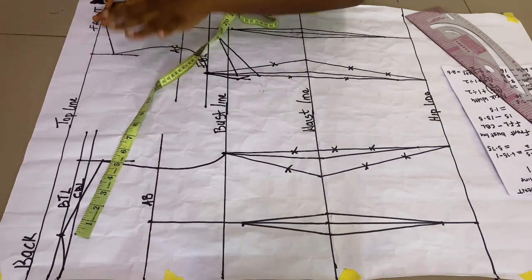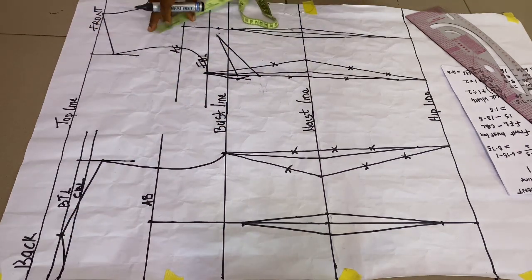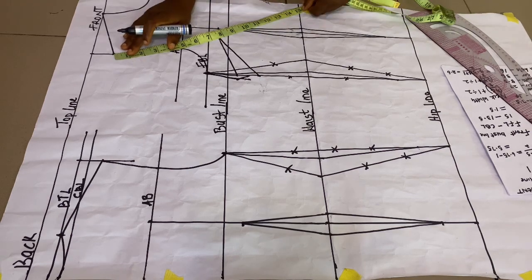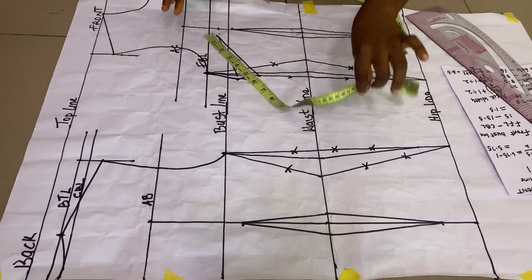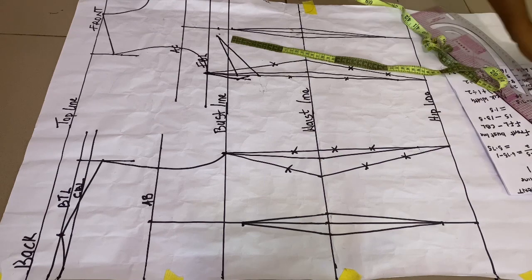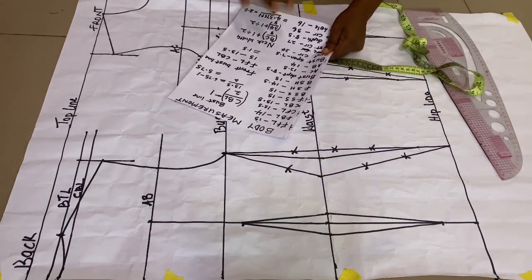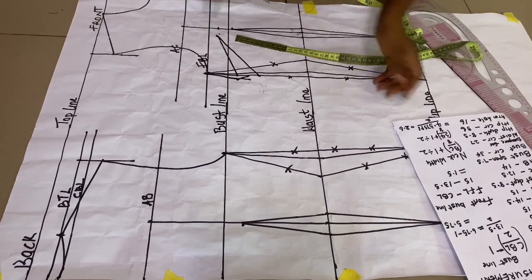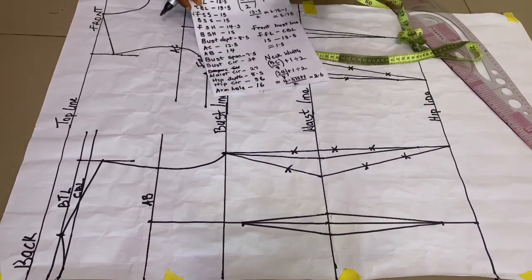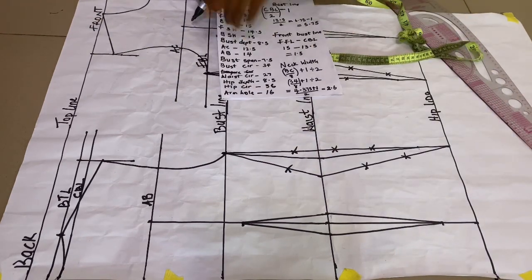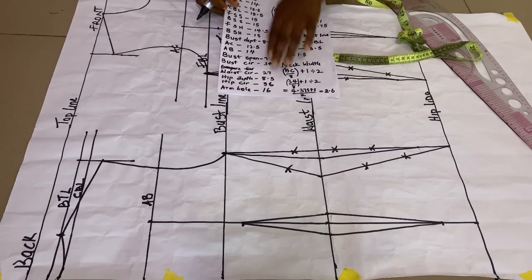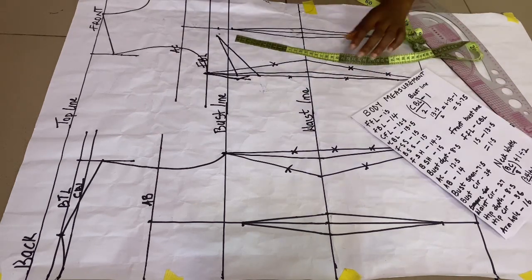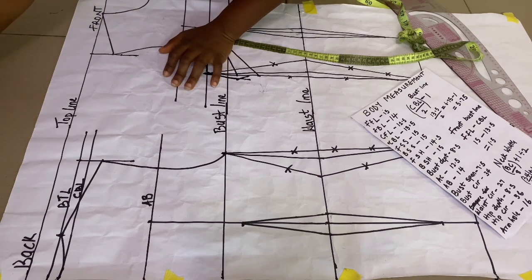In the case where the shoulders are not balanced, you have to check the shoulder slope for the front and the back. Instead of using the standard, you would use the person's actual shoulder slope. Another thing is to check the armhole measurement, and the armhole measurement for this pattern is 16 inches. So we're going to measure the armhole.